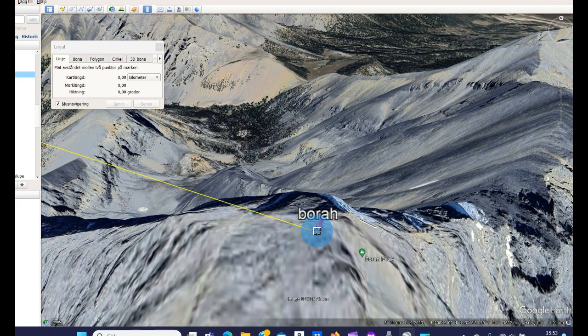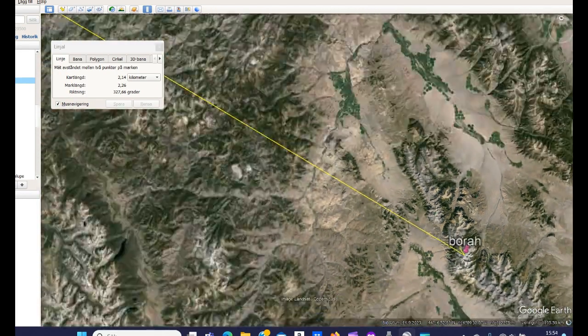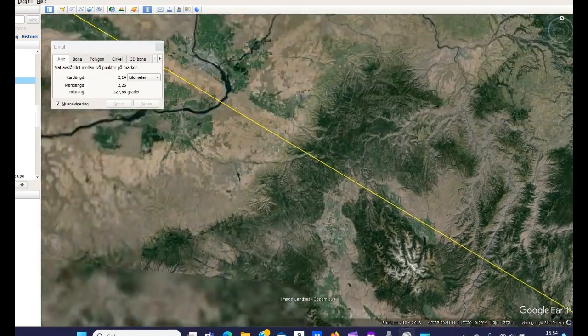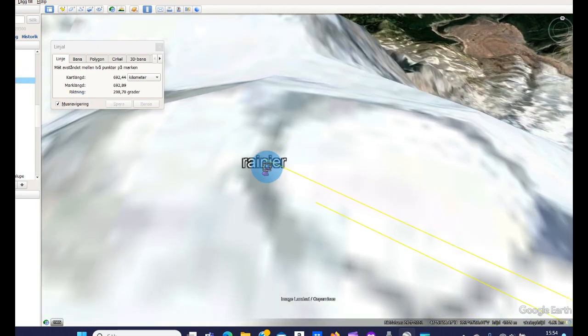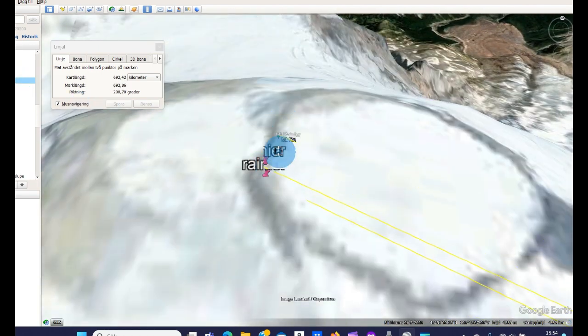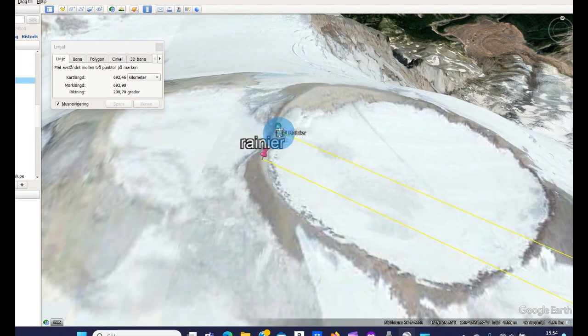So let's measure from here now in kilometers to Mount Rainier. And here, just on the western rim of the crater, we find the very highest point on Mount Rainier, right here. And that's also where Google has marked it, the high point. I've placed the pin here.